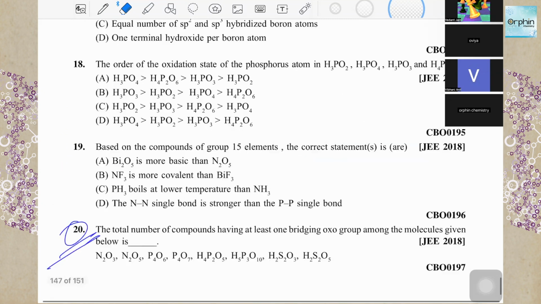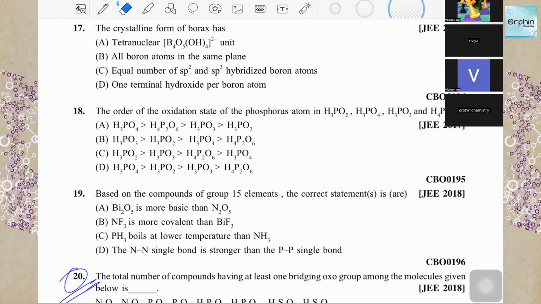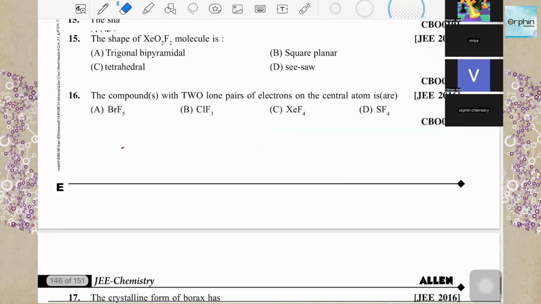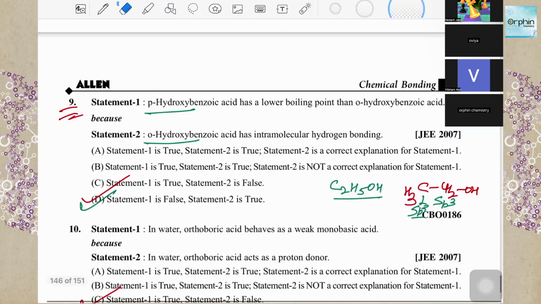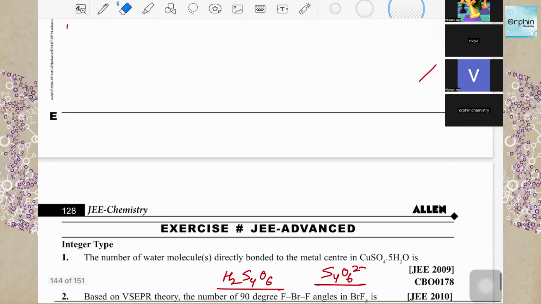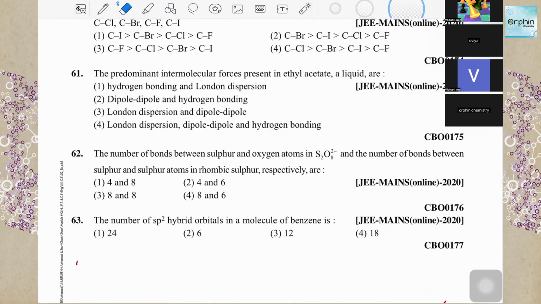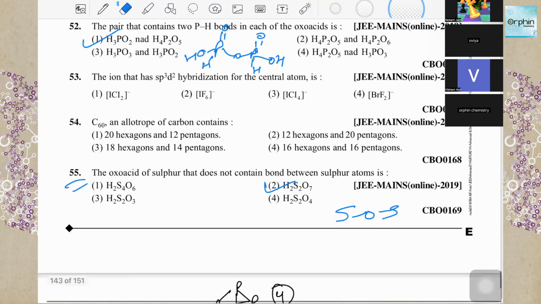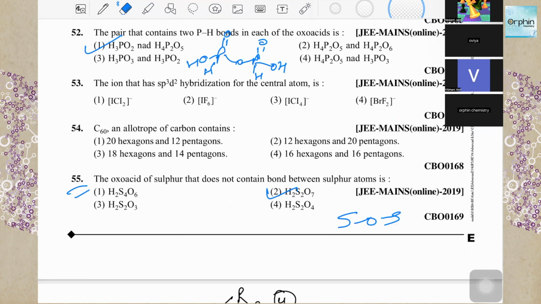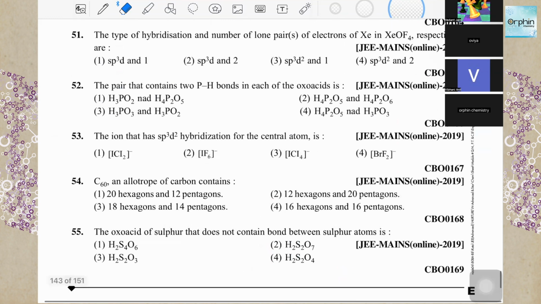You cannot do this here. Do this one. 18th is easy. Some part is still remaining. Not for oxyacids, for oxides. P4O6 is what? Oxide. It is not an oxyacid. It is an oxide. Yes, this one. Question number 52 is good.